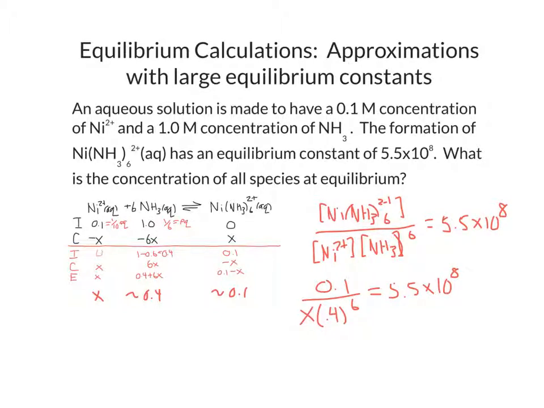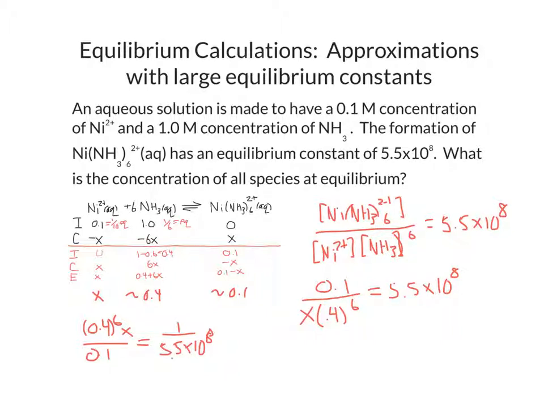And this is a much simpler problem to solve for X. So to solve for X, I am going to flip both sides of this equation over. So I'm going to have 0.4 raised to the 6th times X divided by 0.1 is equal to 1 over 5.5 times 10 to the 8th. I did that because I wanted to get X in the numerator rather than in the denominator.